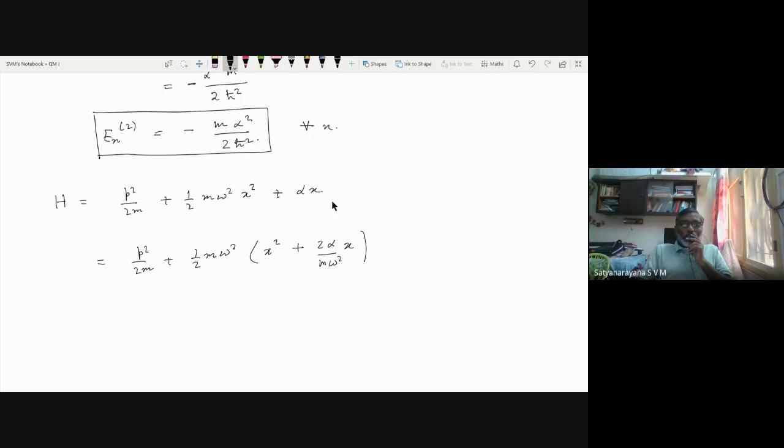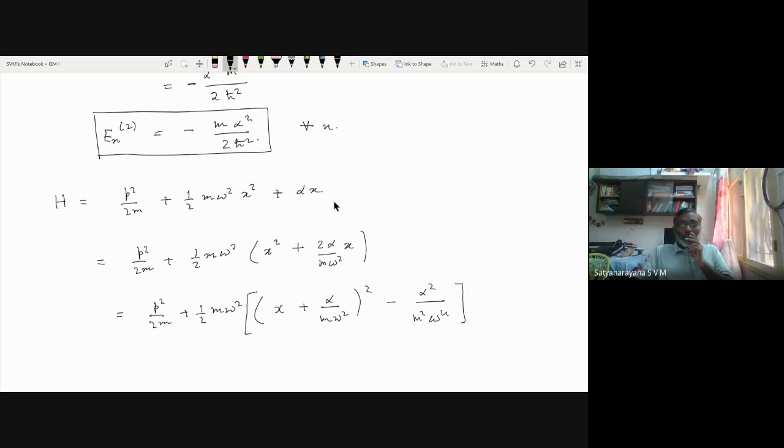Now suppose I try to complete the square here, so this is equal to p square by 2m plus half m omega square into x plus alpha by m omega square whole square, minus alpha square by m square omega to the power 4.